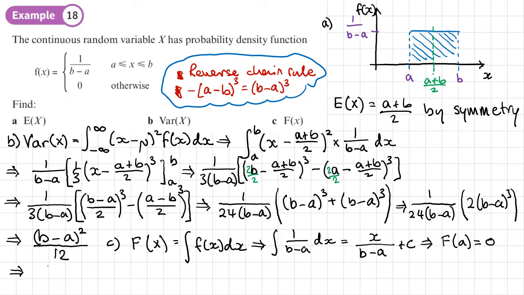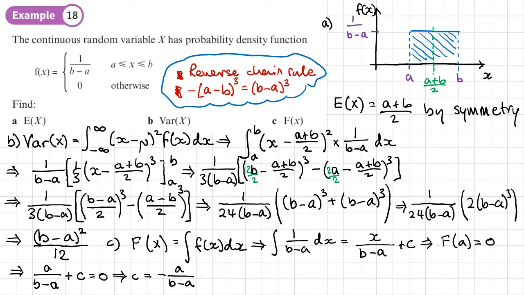So I will have a over b minus a plus c equals 0. So from that, I'll get c is equal to negative a over b minus a.